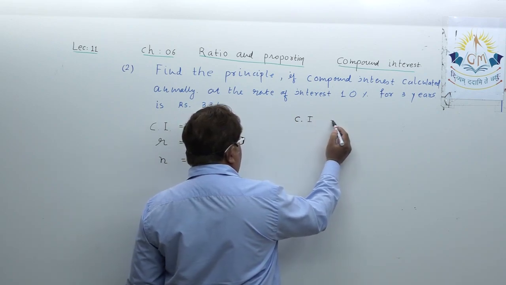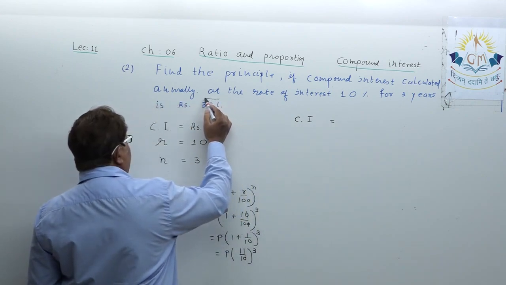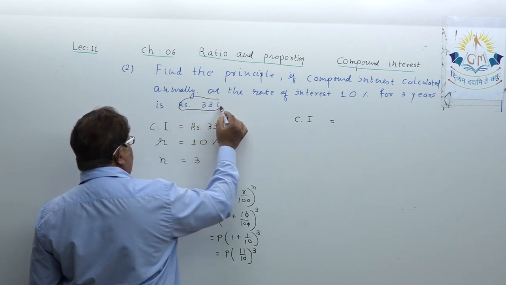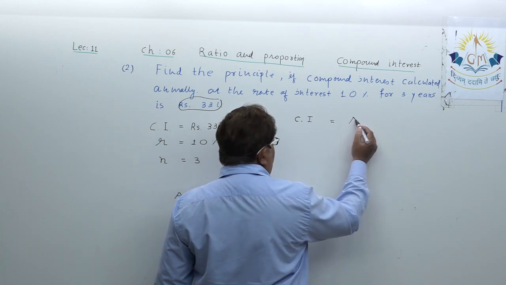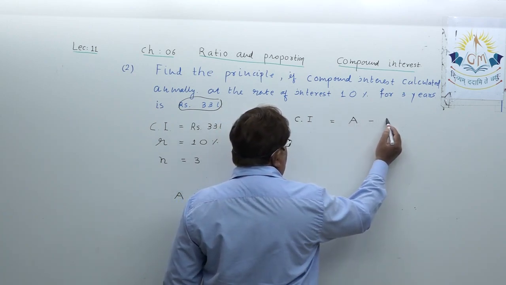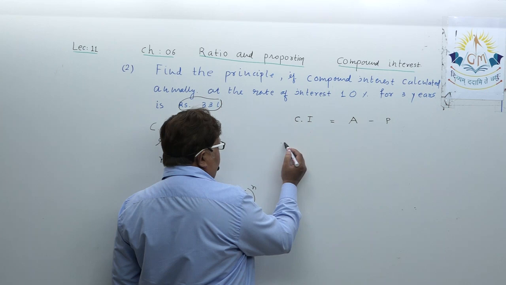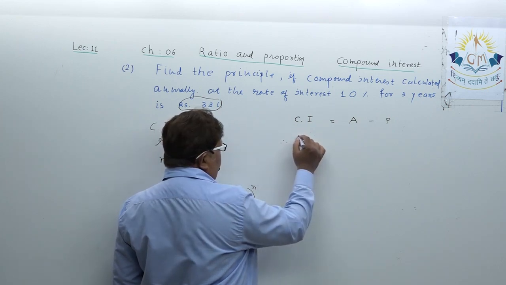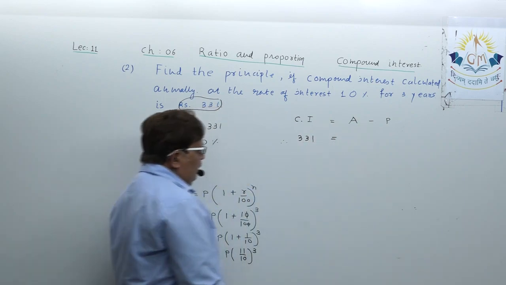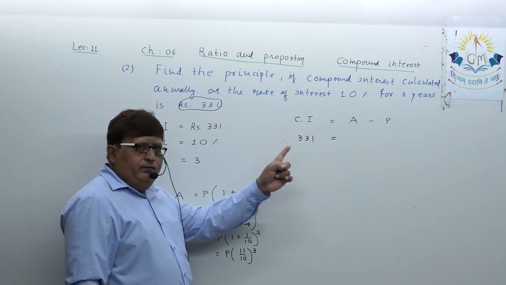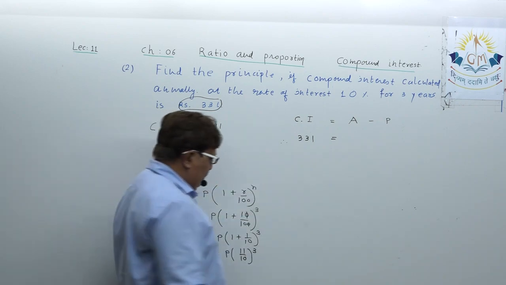I have to take this formula because I am given only compound interest. That's why A minus P. Just understand it now. What is the compound interest given? 331. What expression for amount you got? Substitute here.